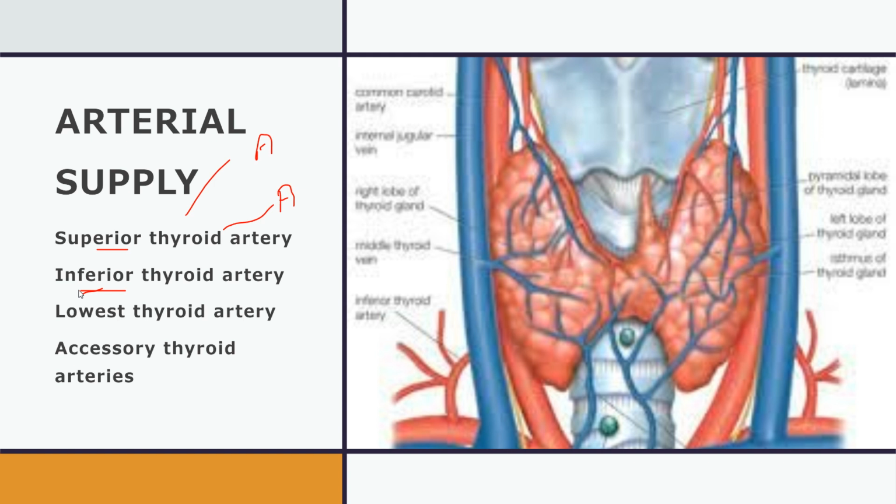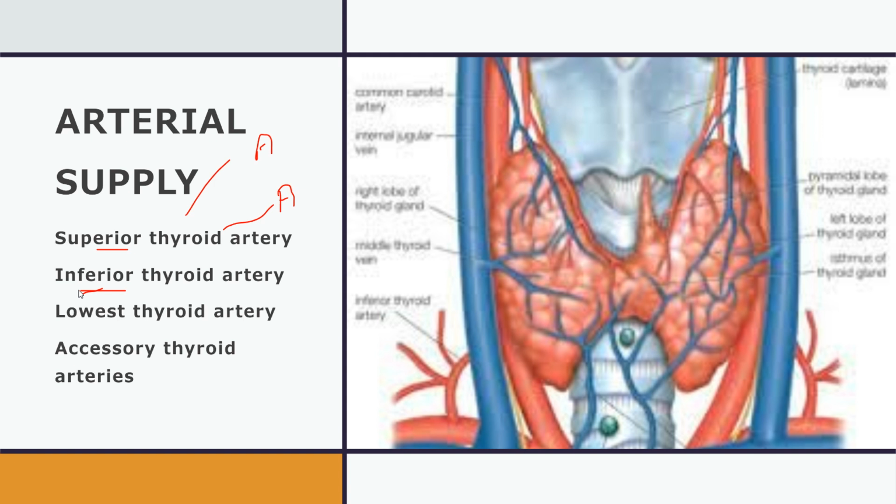It is a branch of thyrocervical trunk and it runs upwards, then medially, then finally it reaches the lower pole of the gland. And it passes behind the carotid sheath and middle cervical sympathetic ganglia, in front of the vertebral vessels, and it gives off branches to the adjacent structures.